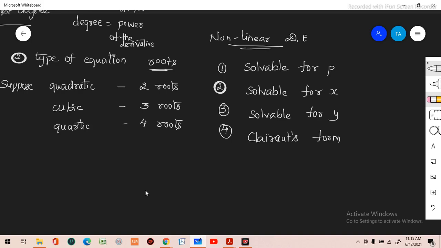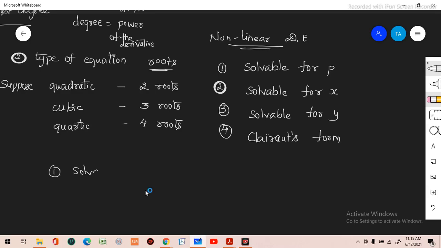In terms of non-linear differential equations, how many types do we get? We get 4 types. What are those? Solvable for p, solvable for x, solvable for y, and Clairaut's form.